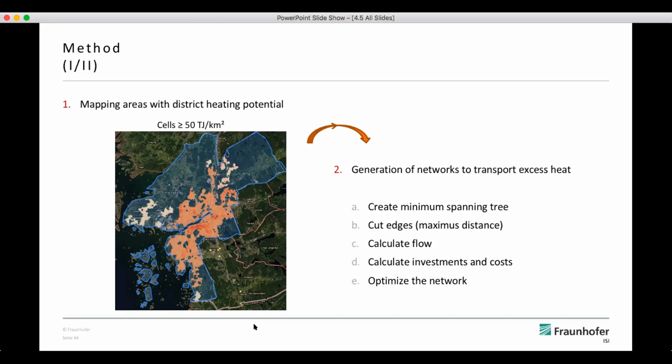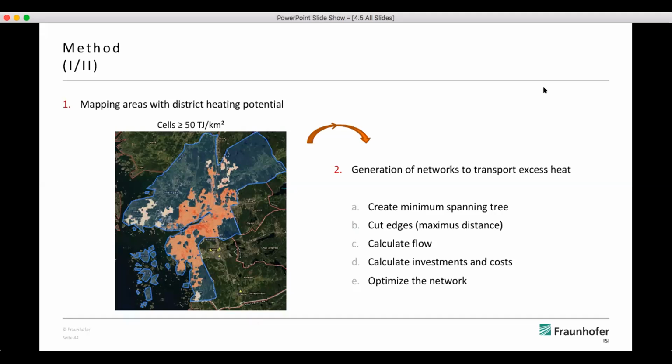So what we are doing within this platform, based on the default data given there, is we first extract all the raster cells with a threshold higher than 50 terajoule per square kilometer. This is, I would say, a common value which, for example, has also been used in the Heat Roadmap Europe.